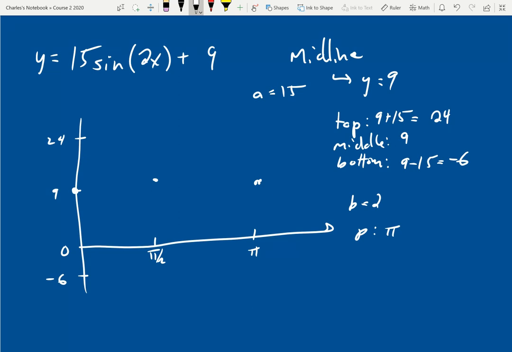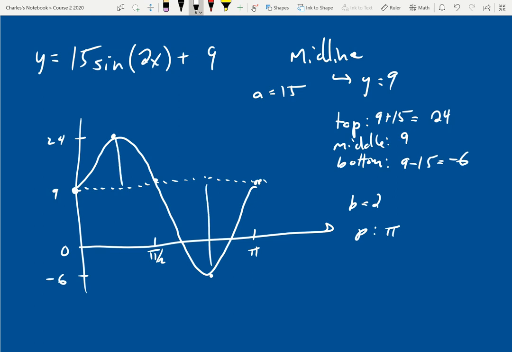It's going to start going up, and it's going to look something like this. You can see my 24 should really be higher, which is why it doesn't look like my wave is symmetric. But for the purpose of this picture, I'm just going to leave it as it is.